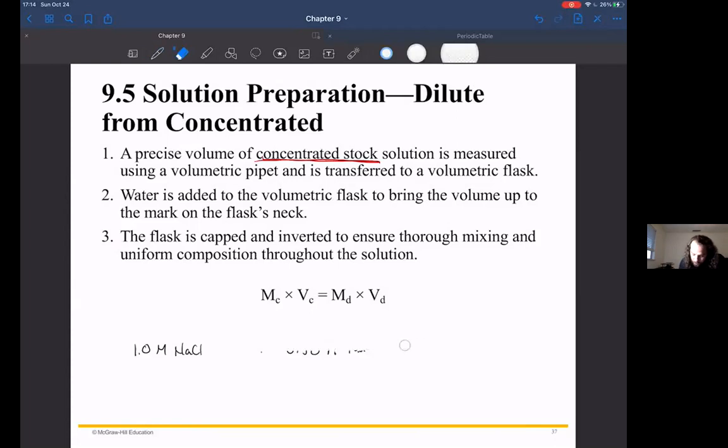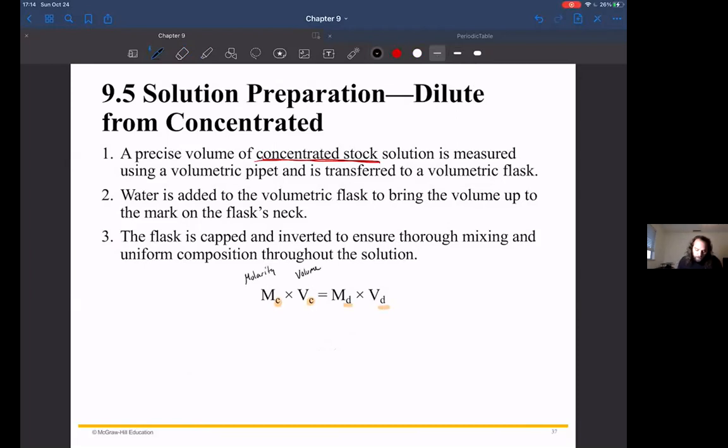How we quantify how much stock solution we need is by using this equation: MC times VC equals MD times VD. The C's refer to your concentrated stock solution, and the D's refer to the dilute solution. M in these equations is molarity, and V is volume.